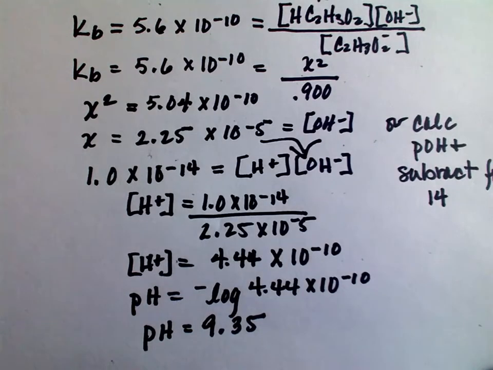So the last problem in this part of the packet is creating a buffer by partial neutralization of a weak acid. And we're supposed to calculate the pH of this buffer system.